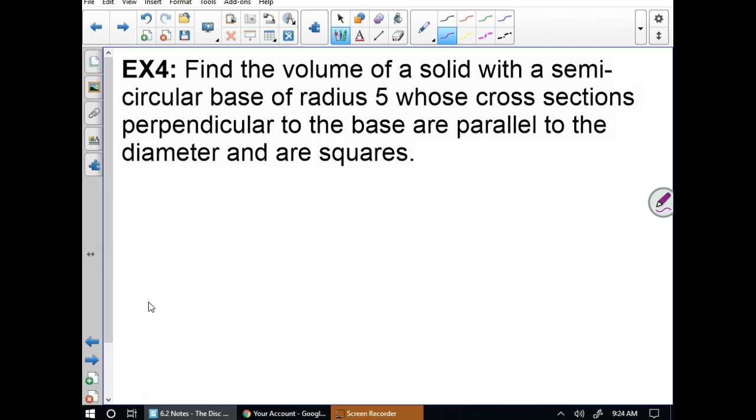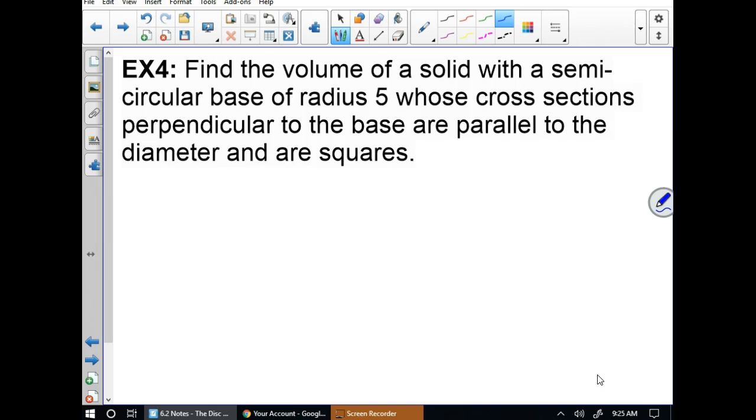Okay, so I think this one is difficult for multiple reasons. Not that the work's going to be that much harder than the other ones we've done. I think the most difficult thing about this one is that it does not give you an equation. So you are kind of lost here in the beginning, but we should know how to write the equation of a circle.